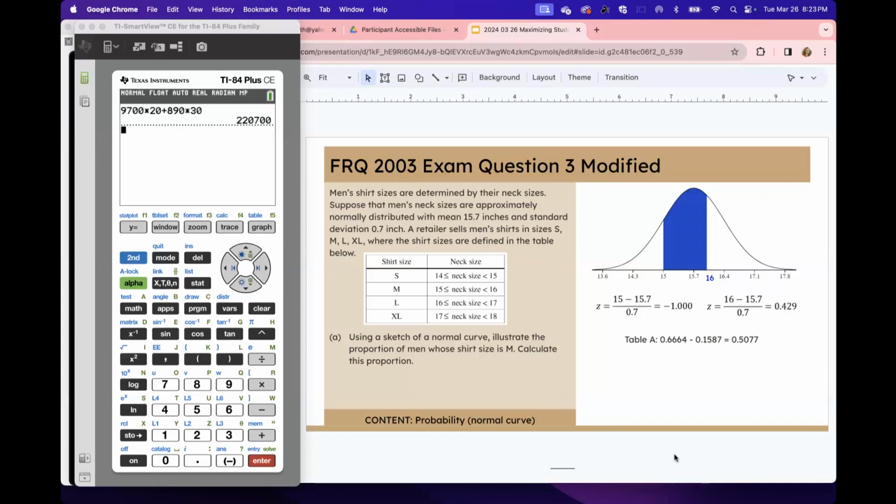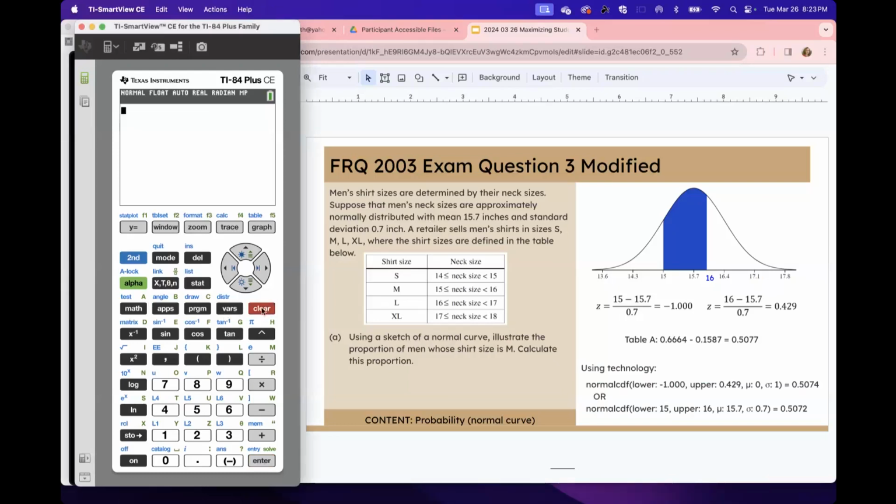Now, that is how we did it back in the 1990s, at least initially. The exam was a little more focused on the traditional methods, but now we have these wonderful technology tools, and we know that we could just use a normal CDF command and get this over pretty quickly. And there are the possible normal CDF commands you might have your students use. I always made my students calculate a z-score on these normal calculations.